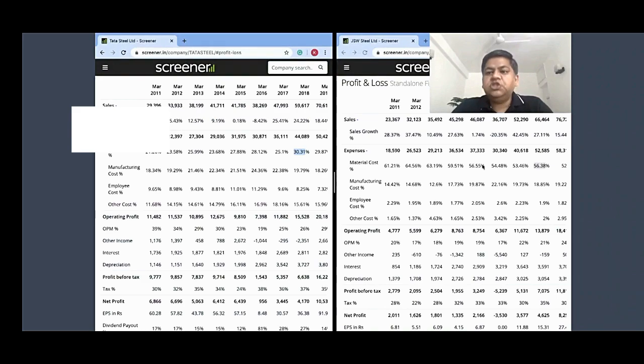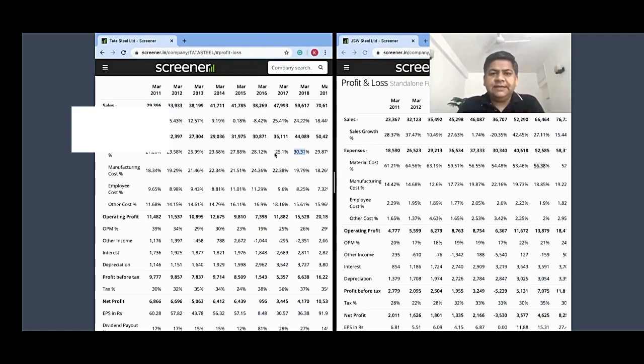JSW Steel has 56% costing on material, however Tata Steel has an edge and is costing just 30.31%. So we must find out why it is happening. The reason could be that Tata Steel owns a few iron mines and is using that. These are the differences you have to find between two companies and compare.